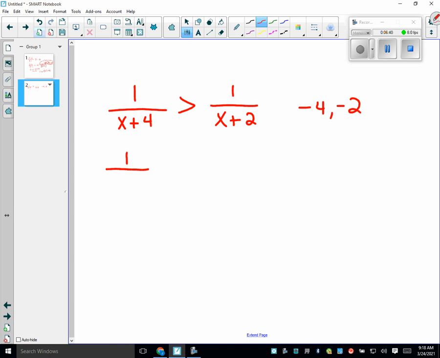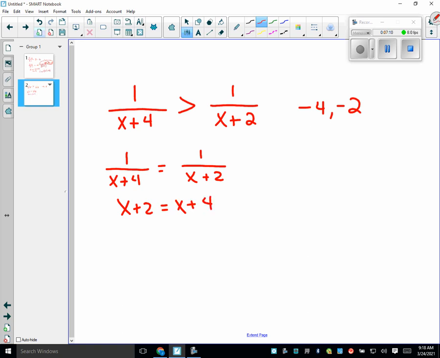Change it to equal and cross multiply. When I cross multiply, my x's are going to subtract out, right?